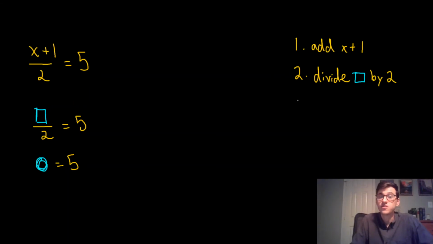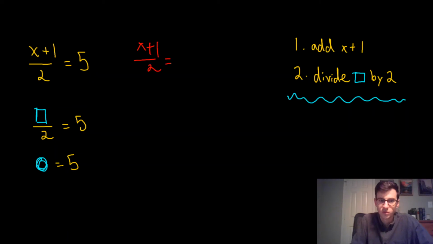And notice it's 2 steps, a 2-step equation. So I have x plus 1 divided by 2 equals 5.